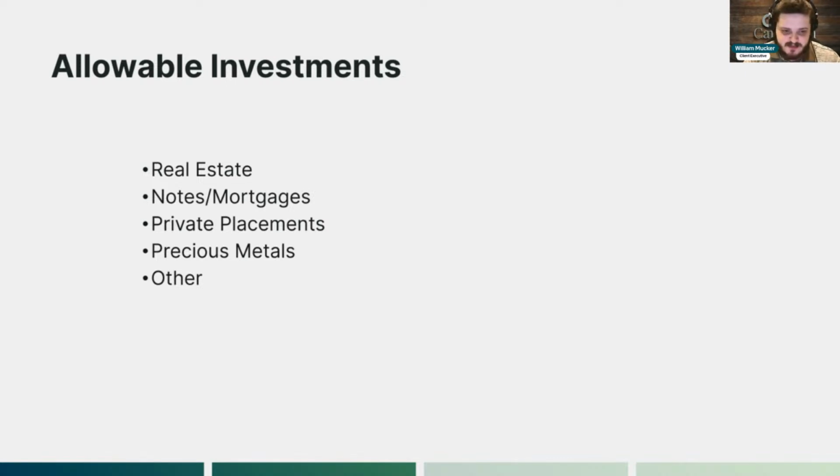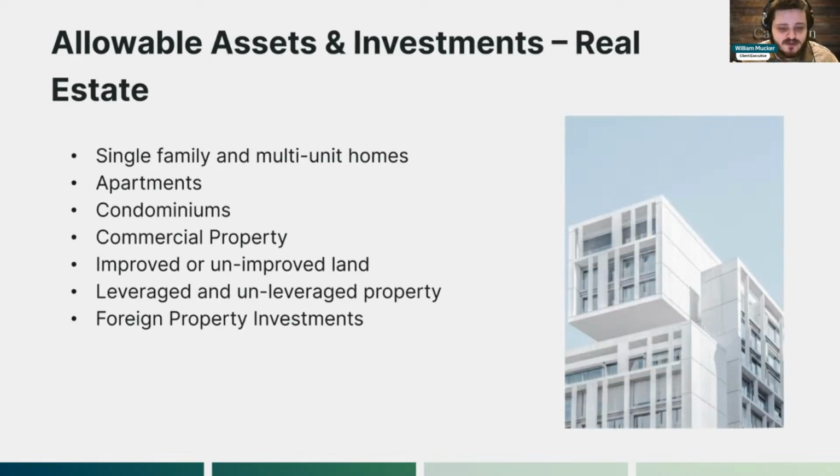So you're not limited to these. I've seen people buy sheep and sell the wool. I've seen people invest in trees and sell the fruit. I've seen people buy bees and sell the honey. So the options are really endless as long as you follow the prohibited transactions guidelines, which we will also go over in one of the future slides. So stay tuned.